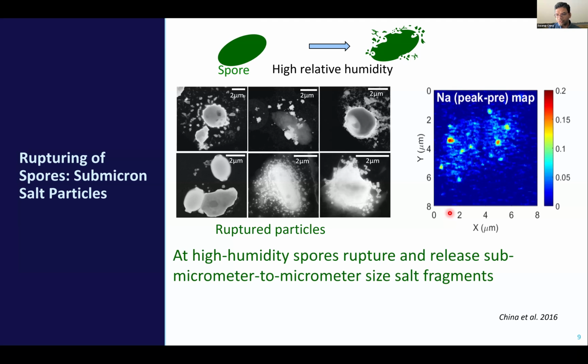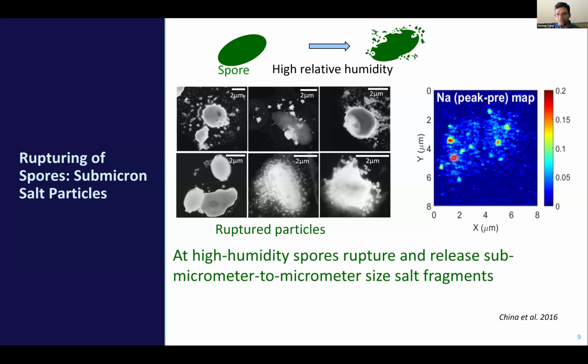If you look at the sodium map here, you can see this hotspot of sodium fragments within these individual particles. But the way we have been doing this experiment is that you blow them up in the environmental SEM, and you dry them again, then image them. So we really don't see these particles in real time.